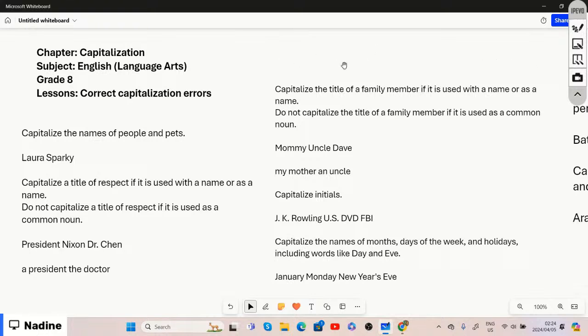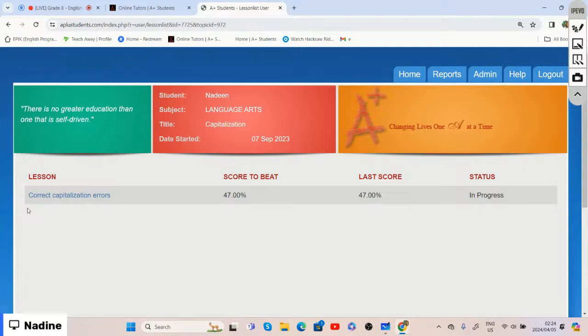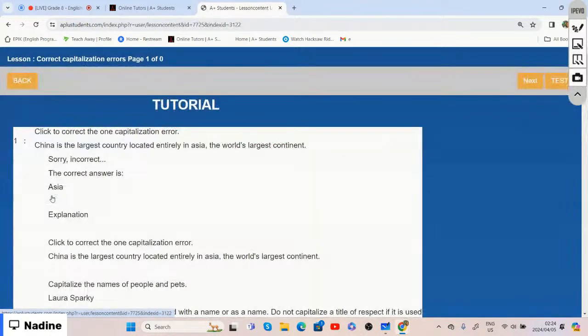So we are doing a tutorial lesson also on aplusstudents.ca. We're going to aplusstudents.ca, and the lesson is to correct capitalization errors. We literally just went through a whole list of words or things or features that we can or should capitalize, right?